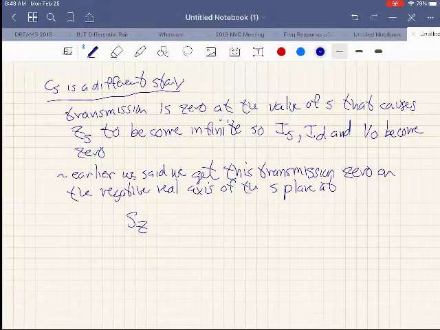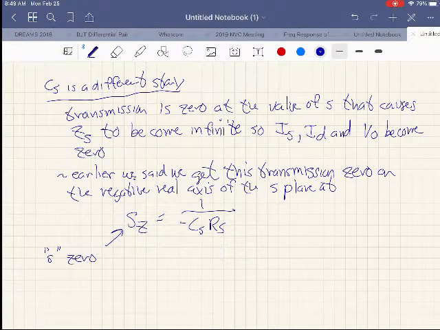SZ is equal to 1 over negative CS RS. SZ here is the shorthand the book uses for S0.